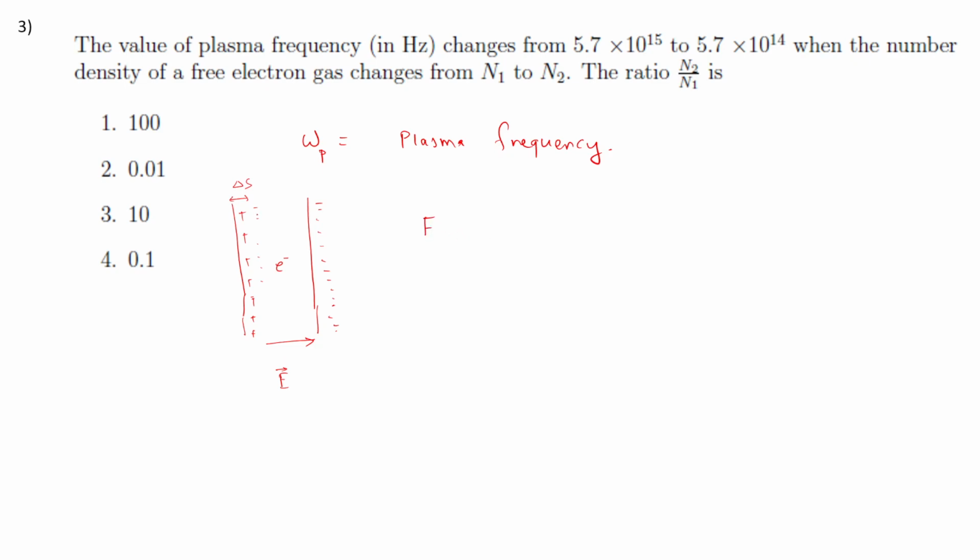You can think of this system as a parallel plate capacitor, and the electric field will be E is equal to sigma over epsilon naught, where sigma is the surface charge density.